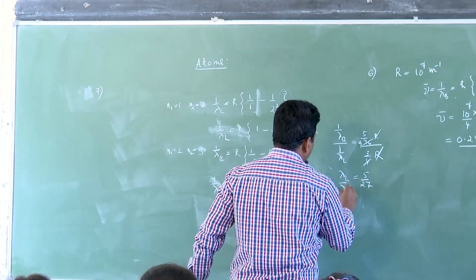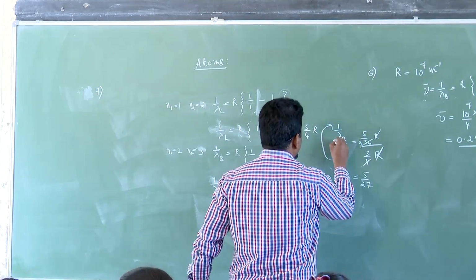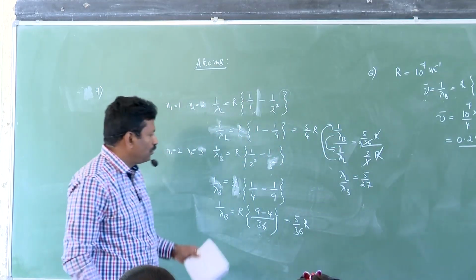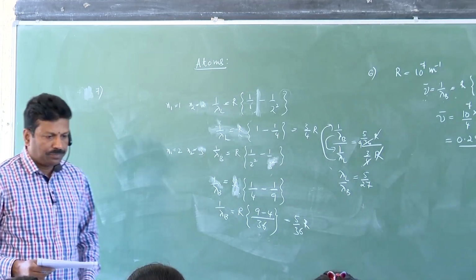So lambda L by lambda Balmer, this goes to numerator, this comes to denominator. So therefore it is 27 by 5.